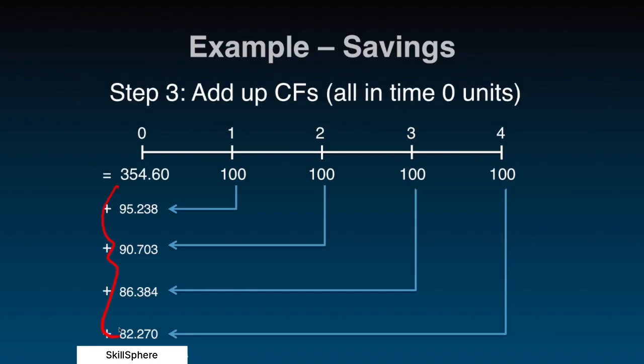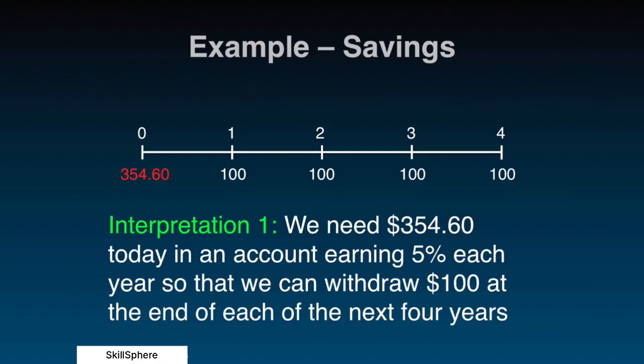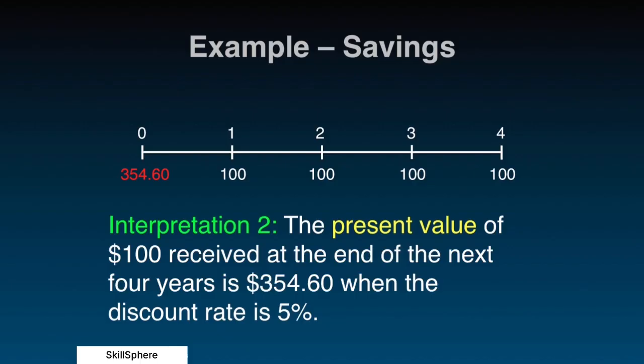We're going to need $354.60. More precisely, we need $354.60 today in an account earning 5% each year so that we can withdraw $100 at the end of each of the next 4 years. Alternatively, the present value of $100 received at the end of each of the next 4 years is $354.60 when the discount rate is 5%.